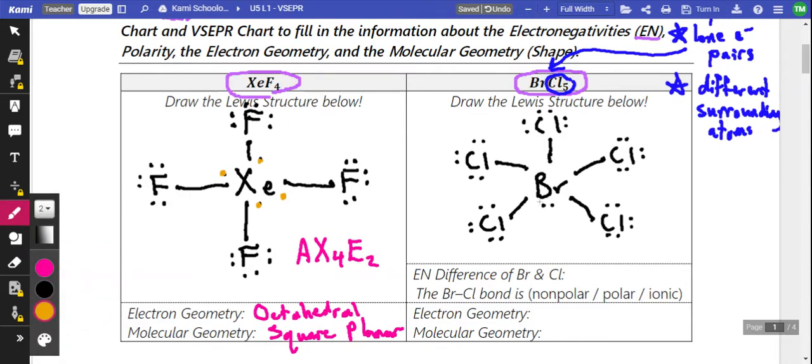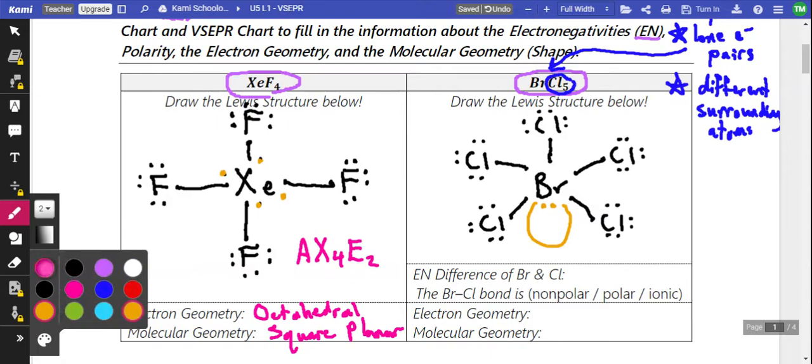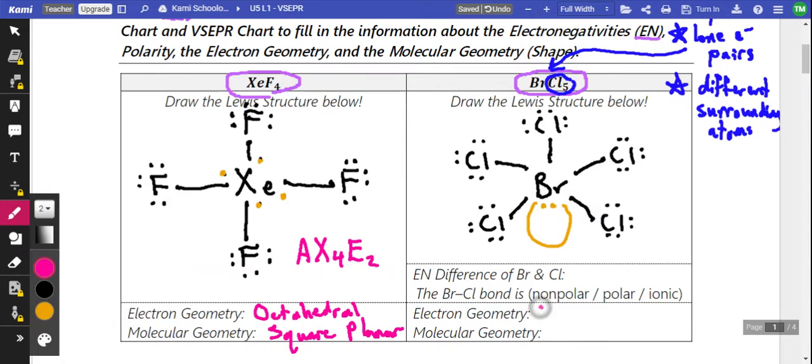We have 1 lone pair of electrons left on bromine. So we have a total of 6 electron domains again, so our electron geometry is also going to be octahedral for this one. Our molecular geometry: 5 of these are bonded atoms, so it's going to be a square pyramid.